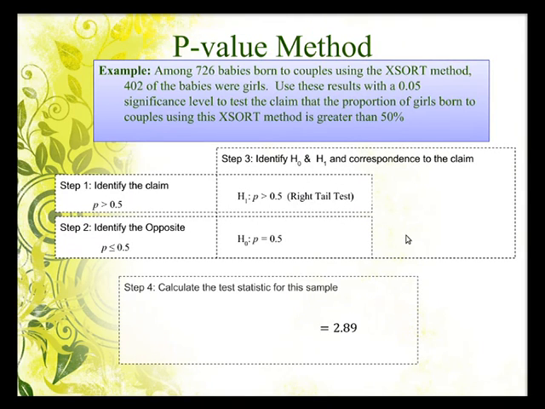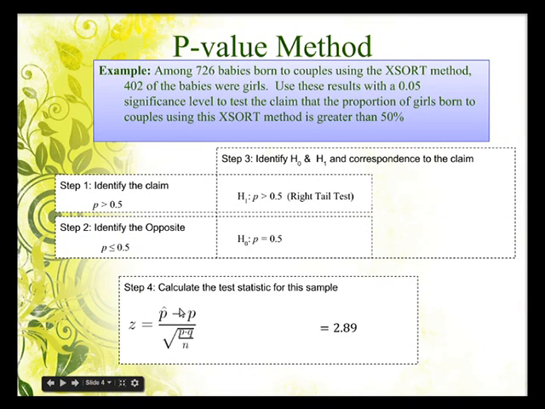Step 4, we want to calculate the test statistic for this sample, and you can see I've already got it here, but how did we get that? We used our test statistic formula, plugging in what we know. In this case, p hat, my sample proportion, was the 402 babies that were girls out of 726 babies born. So 402 out of 726.